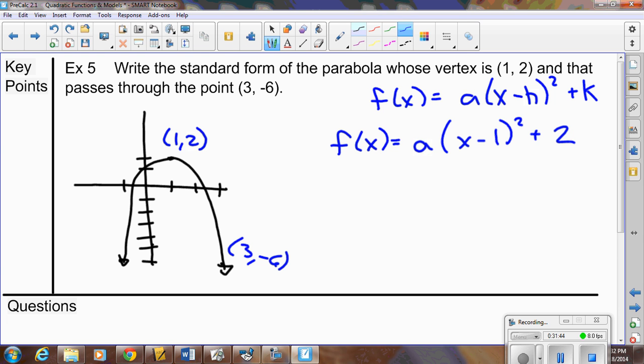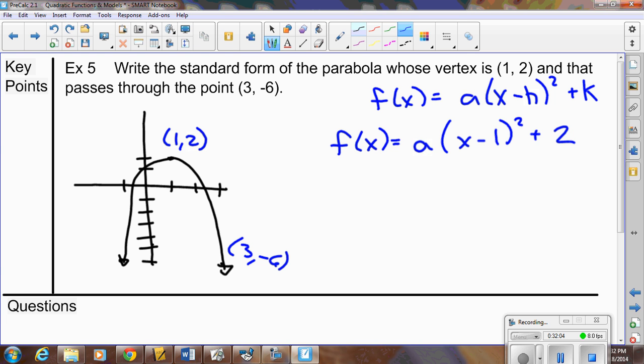But we do have this problem. We don't know what the a value is. We will need to use the other point. We can use the point 3, negative 6 to figure out what the number a actually is.